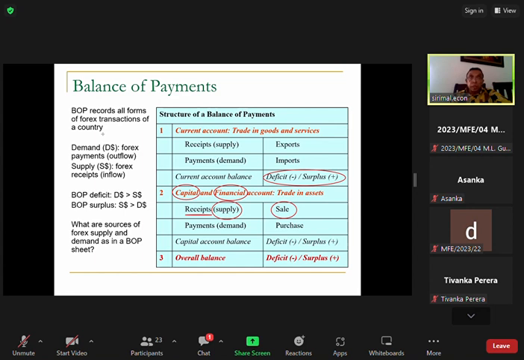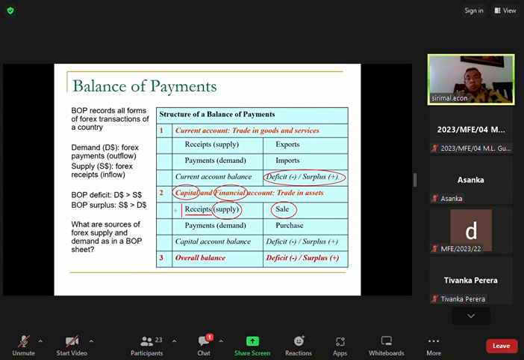So we sell our financial debt instruments to foreigners, including company stock. So they constitute a supply source. So all kinds of foreign exchange receipts through direct investments, through borrowings, short-term borrowings, long-term borrowings, whichever way you define it, private borrowing, government borrowings, everything.